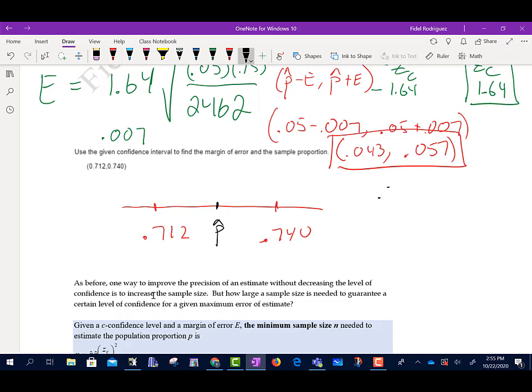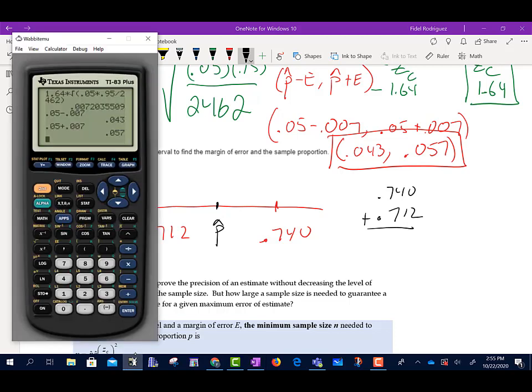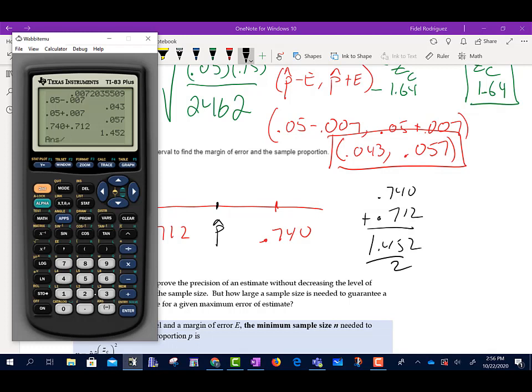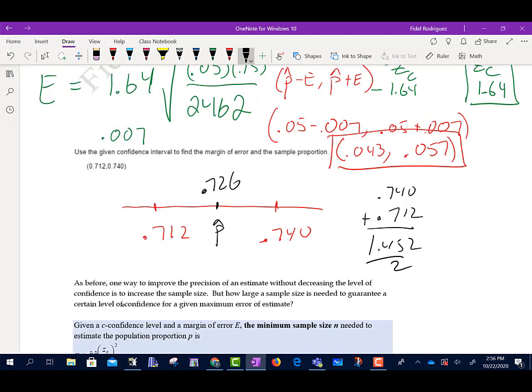So we're going to take 0.740 and 0.712. We're going to add them together, and we'll divide by 2. So 0.740 plus 0.712 is 1.452. Now we'll divide that number by 2. And 0.726. So 0.726 is our p hat, right?